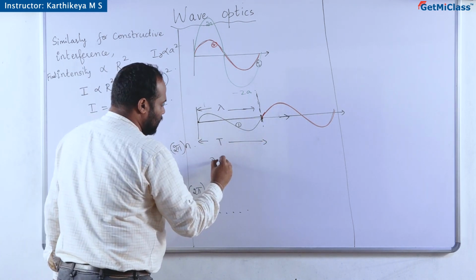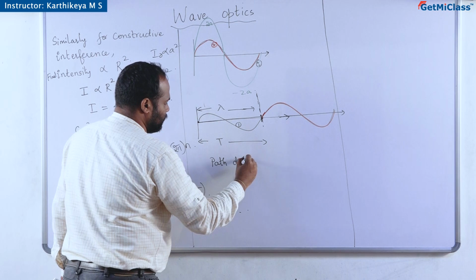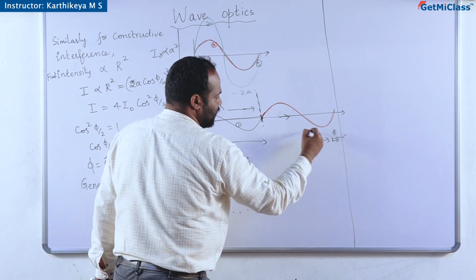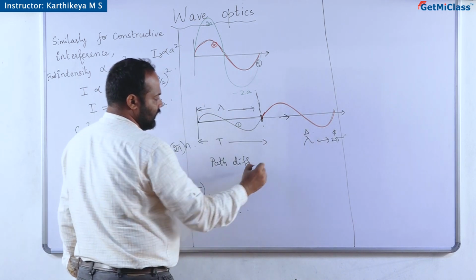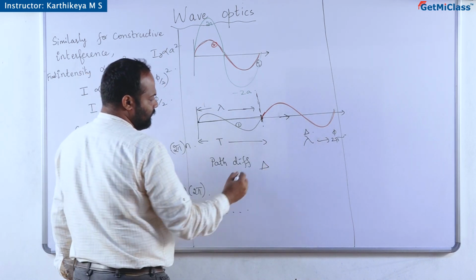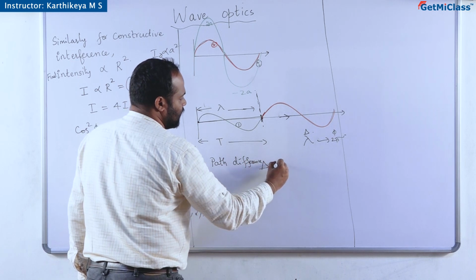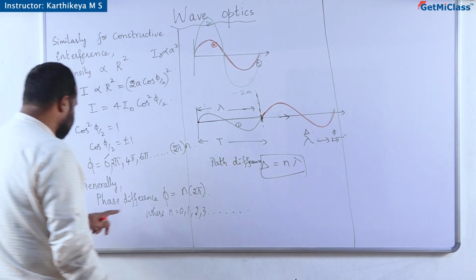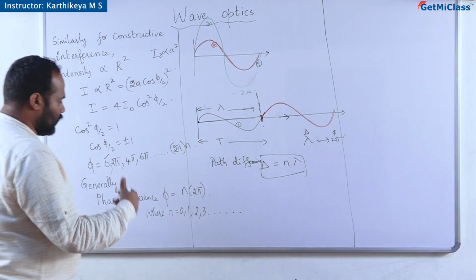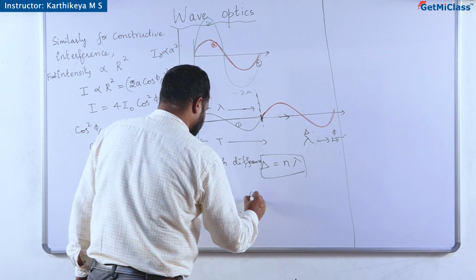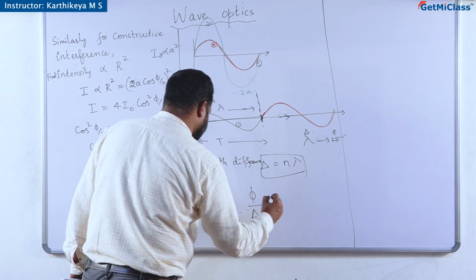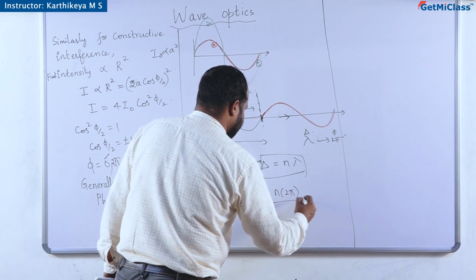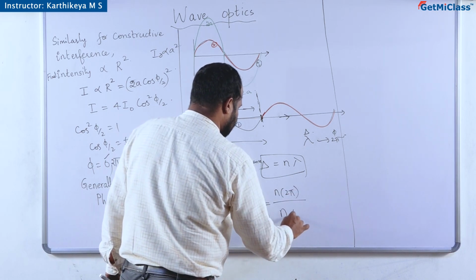So path difference lambda corresponds to 2 pi of phase difference. This is path difference delta. Path difference delta corresponds to n lambda if the phase difference is phi. So now if we take the ratio of phi by delta, it will be n into 2 pi divided by n lambda.